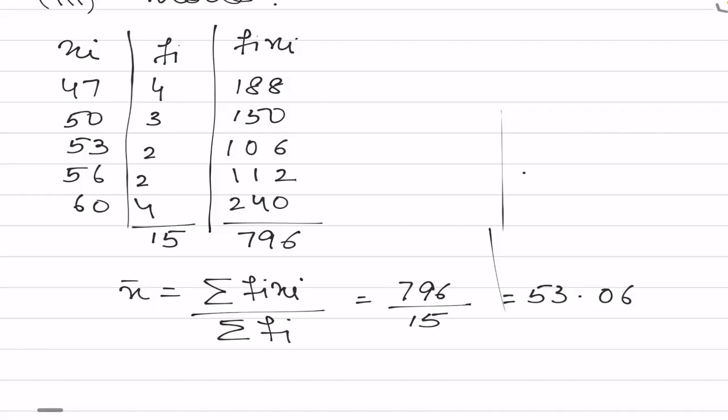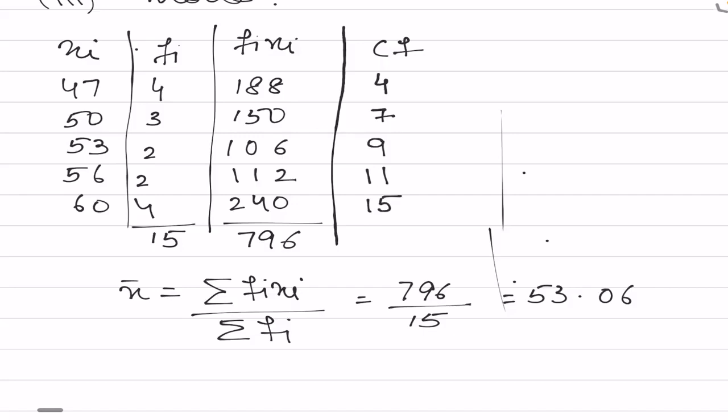Now for getting the median, first we need to calculate the cumulative frequency. The first cumulative frequency is 4. Next is 4 plus 3, that is 7. Then 4 plus 3 plus 2, that is 9, 11 and then 15.